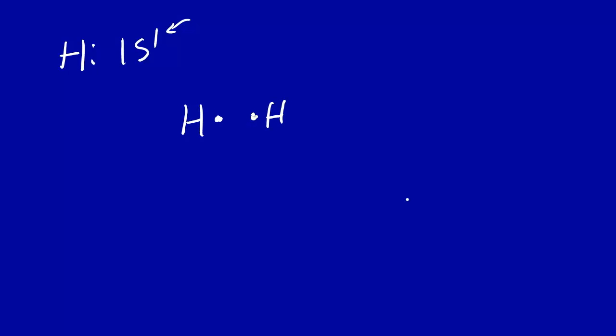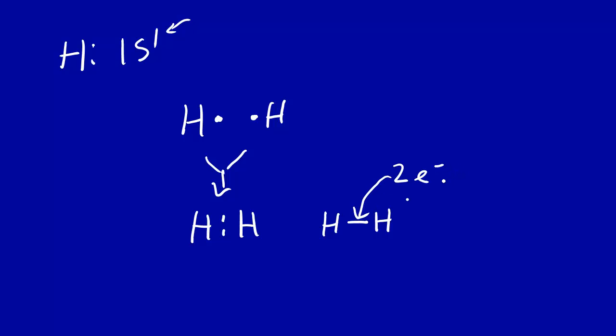Now normally Lewis structures would have 8 electrons around it, but there are only 2 electrons available, so you would write this in the Lewis dot structure as 2 electrons here. Or another way to write that is H with a bond, H. So this means 2 electrons that are bonding. So that's an exception to the Lewis dot structure.